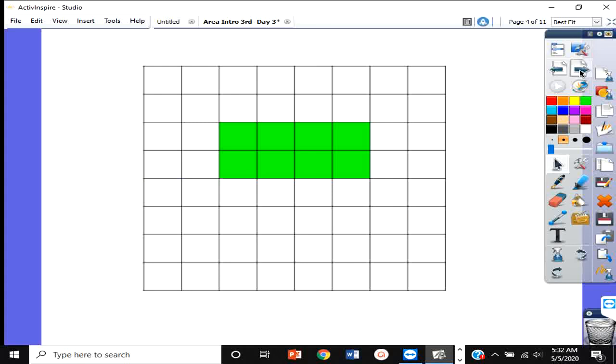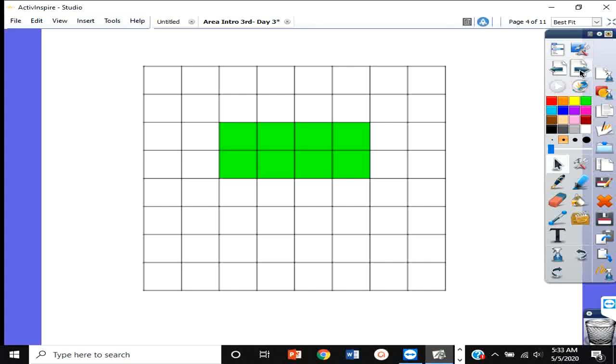Okay, so let's take a look at our first polygon. You notice we see a green rectangle. In order to find the area of that rectangle, or how much space it covers, we're going to count the inside of that shape. And if you notice, the inside of that shape has smaller squares, so we're going to be counting the squares to find the area.